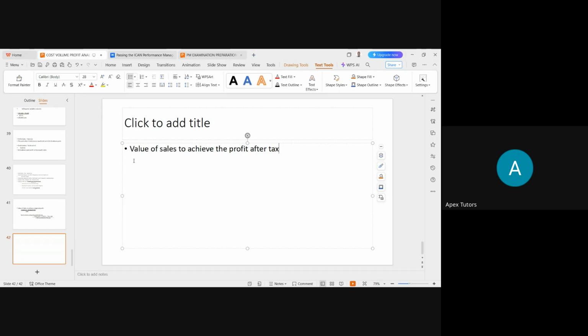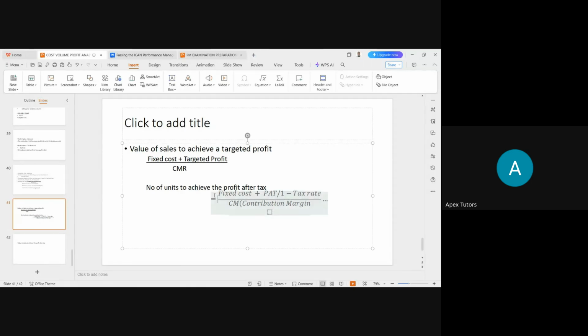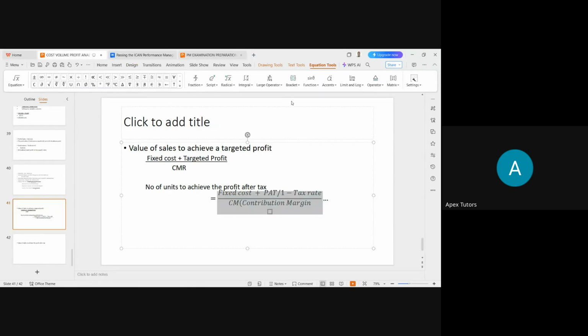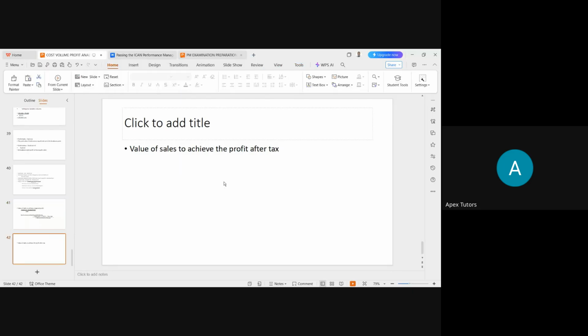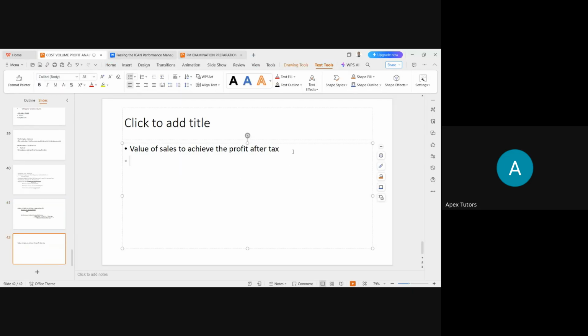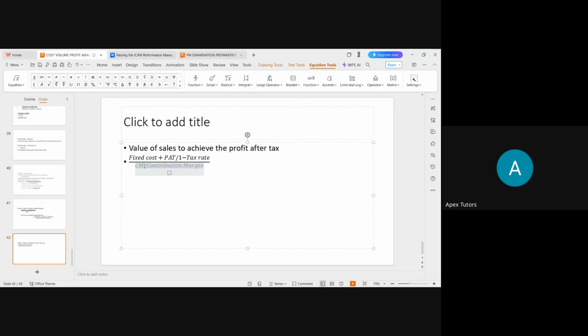Formula will be what? It will still be this, but the denominator will change. So instead of CM, it will be CMR, which is contribution margin ratio.